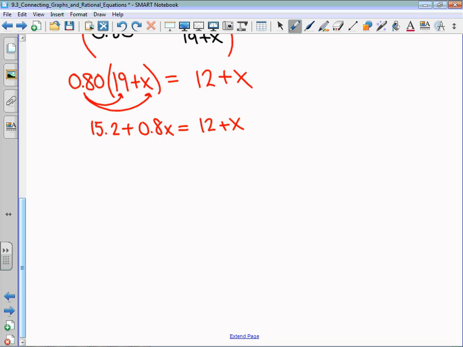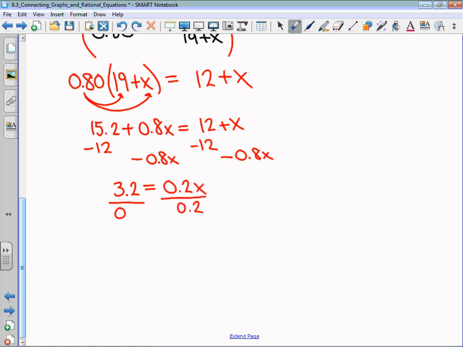So I'm going to subtract the 12 from both sides to move my constant, and I'm going to subtract the 0.8x from both sides. Not the only way of doing this, but I like when my x is positive. 15.2 minus 12 is 3.2. x, which is to say 1x, minus 0.8x is 0.2x. The last step is to completely isolate my variable, and what I get is that 16 is equal to x.